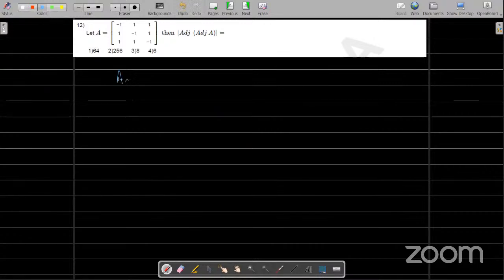Right? So adjoint of a matrix is defined as the transpose of the cofactor matrix. Okay, transpose of the cofactor matrix.